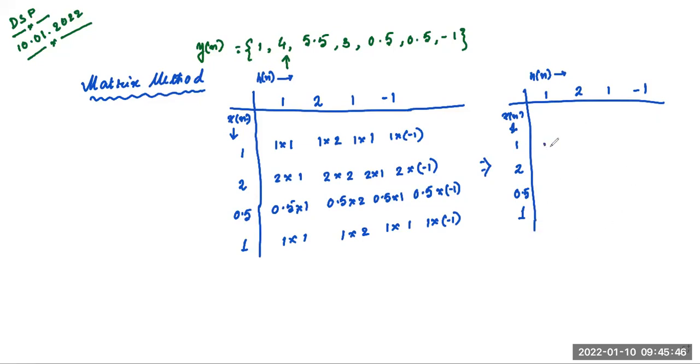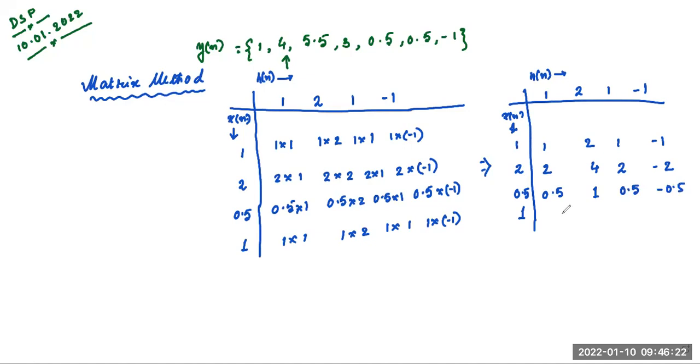So this will be 1, 2, 1, -1. This will be 2, 4, 2, -2. What will be this? 0.5, 1, 0.5, and the last is -0.5.